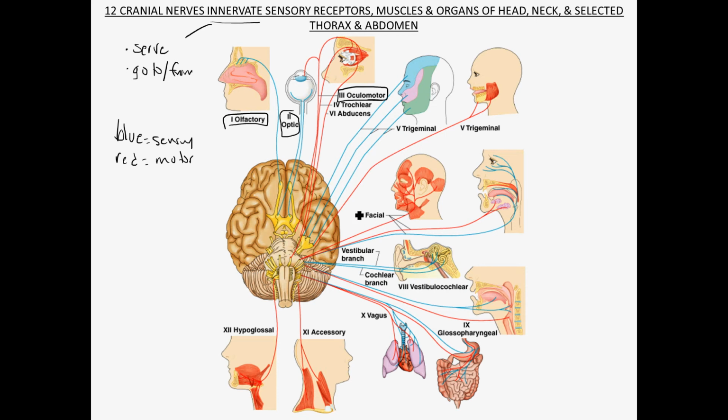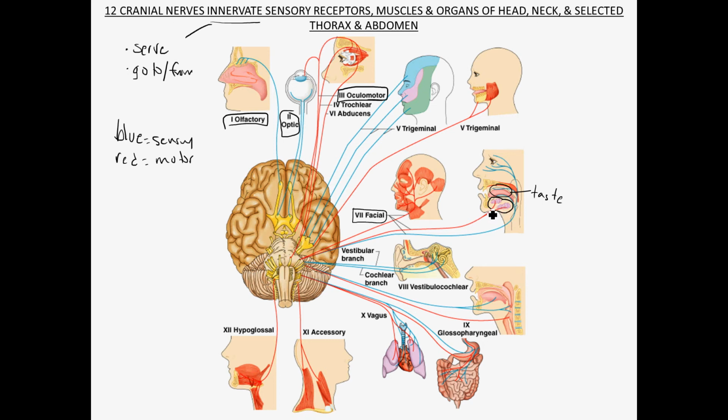We do want to have you know number 7 here, which is the facial nerve. And again, the sensory part of this facial nerve is touch around the eye, but then also taste. And so we see here that the sensory is involved with taste. And then the motor aspect of this will serve all of these muscles of the face, as well as stimulate some of the salivary glands to start secreting.